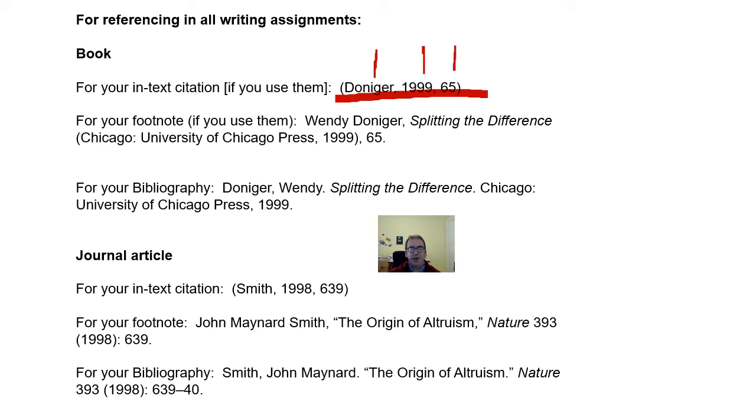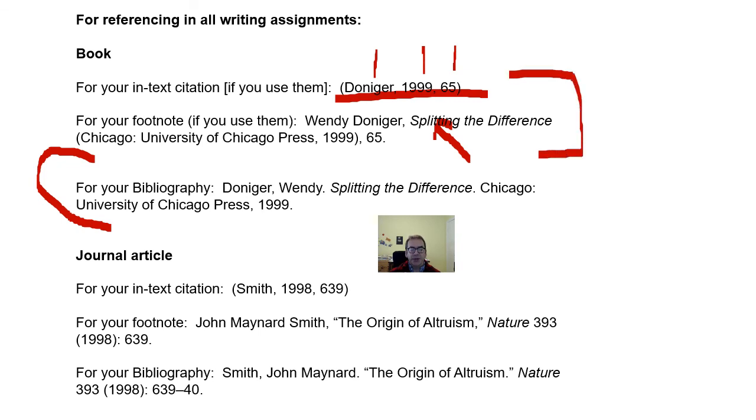So when you're writing along, this is how I'd like you to cite. If you're using footnotes, you certainly can. Then you would put this in a footnote. It's the same information, just a little more expanded. And then you will be creating a bibliography. So what I've done here is create the bibliography for this book.